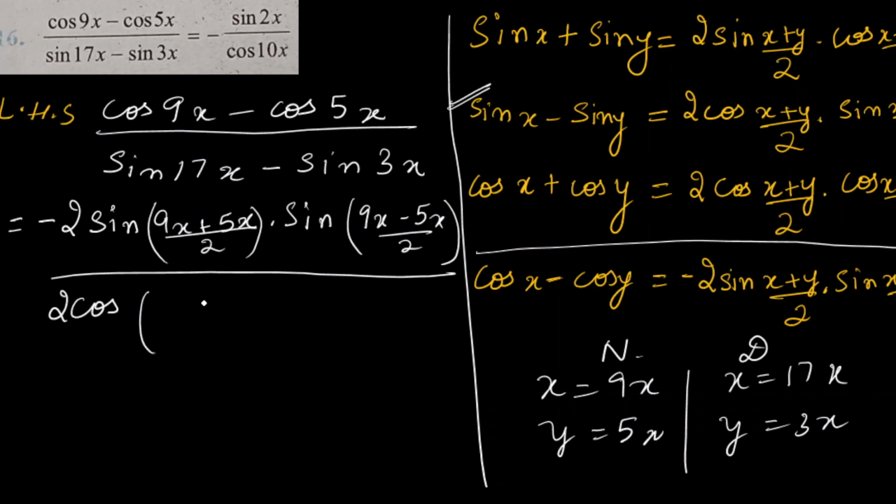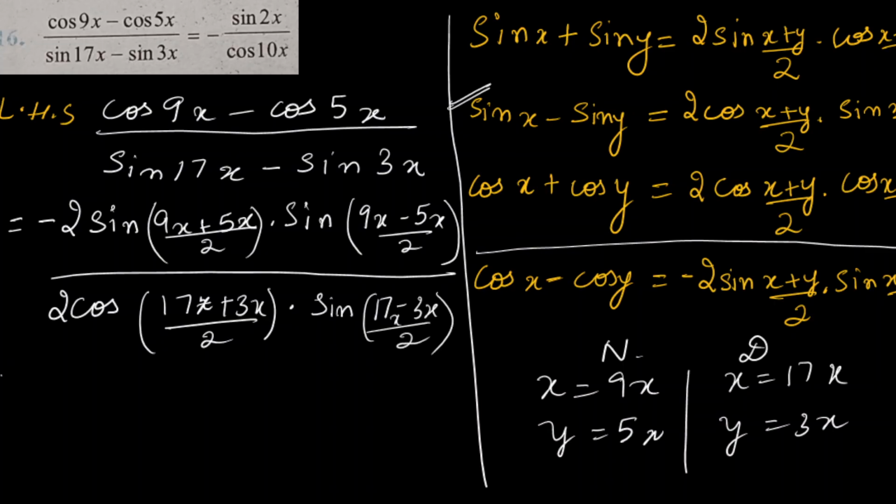So this is 2 cos (17x plus 3x) by 2 into sine (17x minus 3x) by 2. So I've applied the formula accordingly at the numerator as well as the denominator: the fourth one in the numerator and the second one in the denominator.